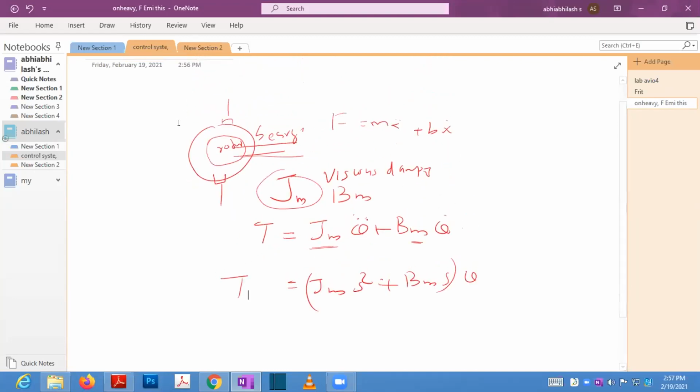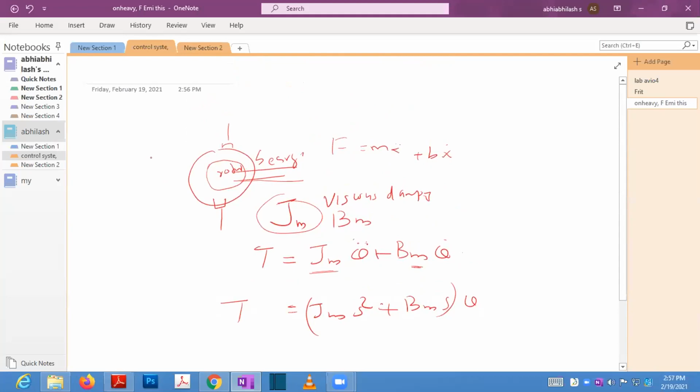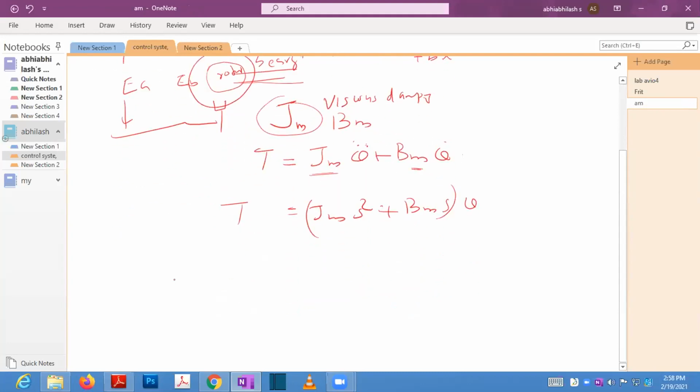And this motor is an electrical machine, so it has a resistance and inductance, and the applied voltage is Ea, and it is generating back EMF Eb. So apply Kirchhoff's voltage law here. Ea is equal to Ia into Ra plus L into di by dt plus Eb.